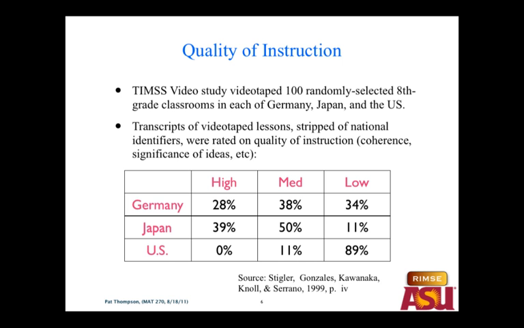The people analyzing the transcripts didn't know what country it was, everyone analyzed them, and this is the way it came out. So what kinds of things would qualify as high quality instruction versus low quality instruction? What do you suppose those categories consisted of in terms of things in the classroom? Any ideas?